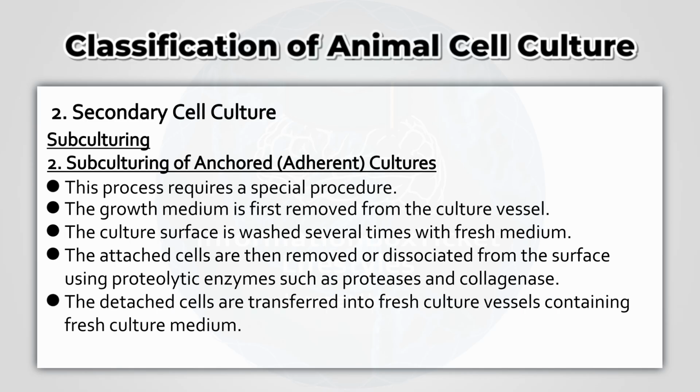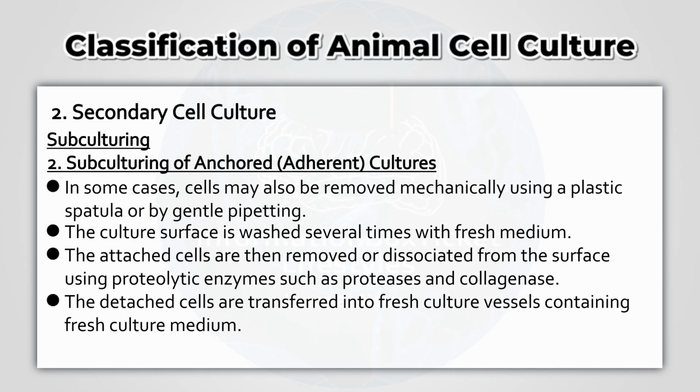The detached cells are transferred into fresh culture vessels containing fresh culture medium. In some cases, cells may also be removed mechanically using a plastic spatula or by gentle pipetting.